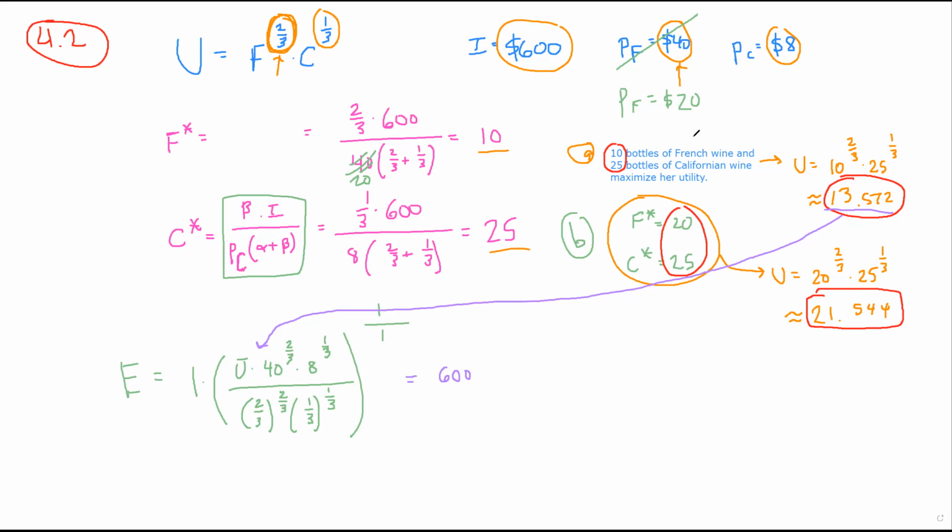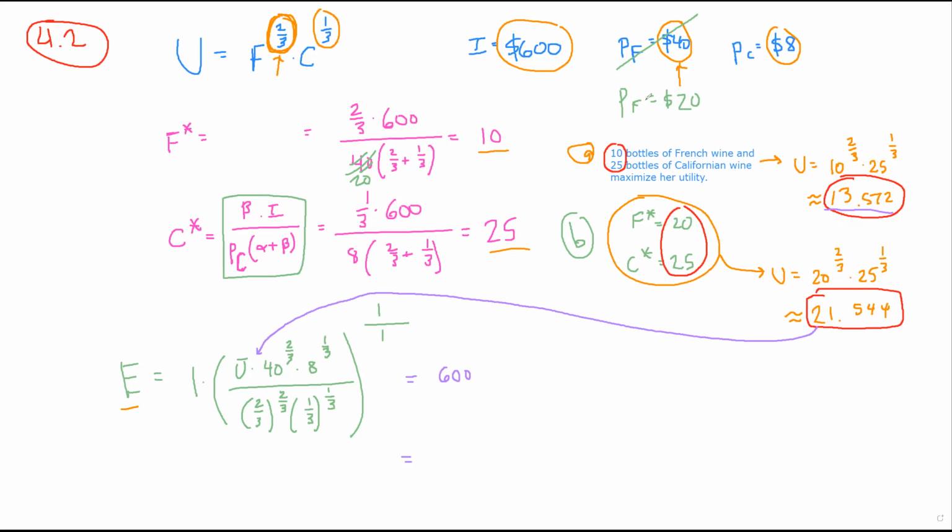Then using the expenditure function, we should only expect to go back to that $600. However, the second time around, we're now going to use this second utility value, 21.544, and plug that in here and figure out how much money she would have to have spent in order to get that, keeping the old prices.